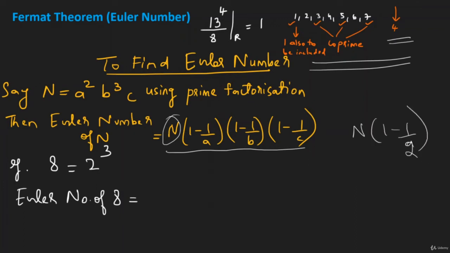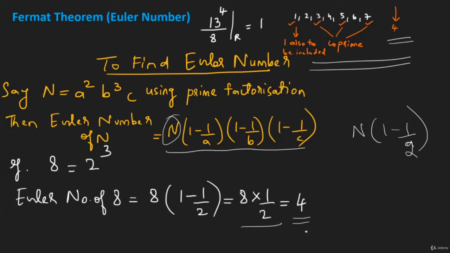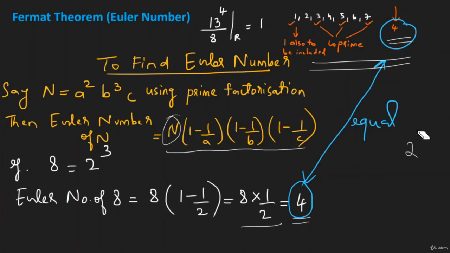That is 8 into (1 minus 1 by 2), which is 8 into 1 by 2, and that is equal to 4. And you can see that's the same value that we got earlier. So this method works.